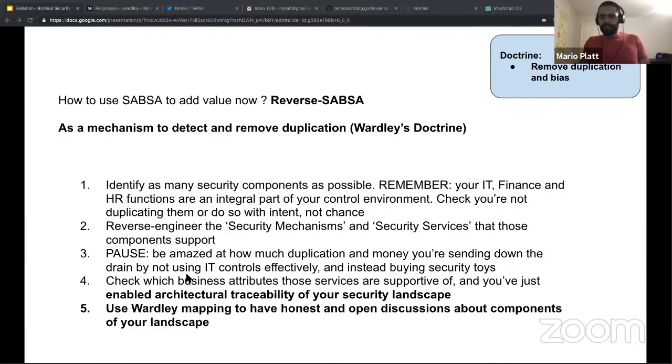So another important aspect of doctrine is about removing duplication and bias. And this is where I think applying a SAPS approach also helps a lot, if you use it in a different way. So instead of focusing on the board's concerns and then mapping it down, if you do it the other way around, stop what you're doing and go see across your security budget, across your IT budget, across your HR budget and your finance budget.